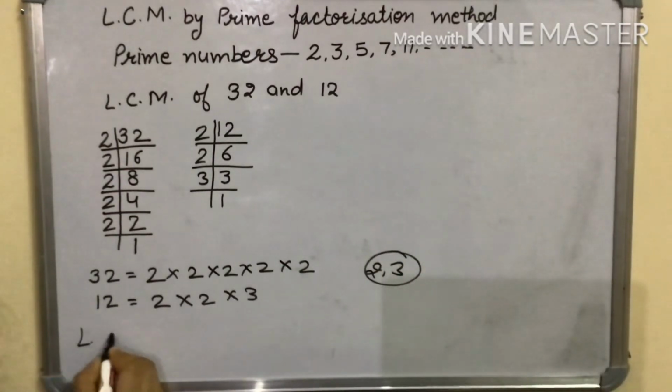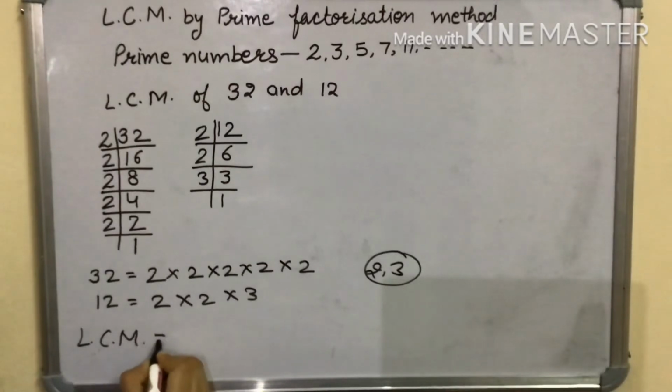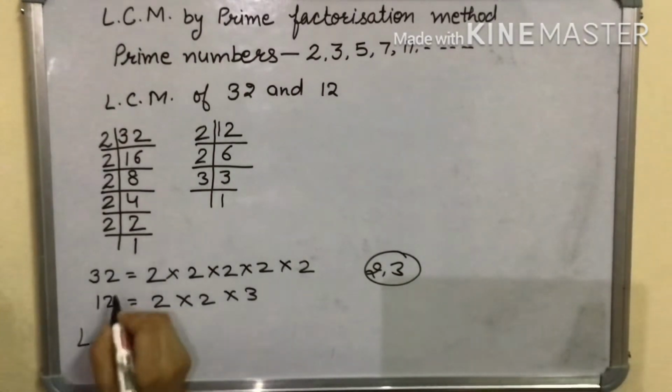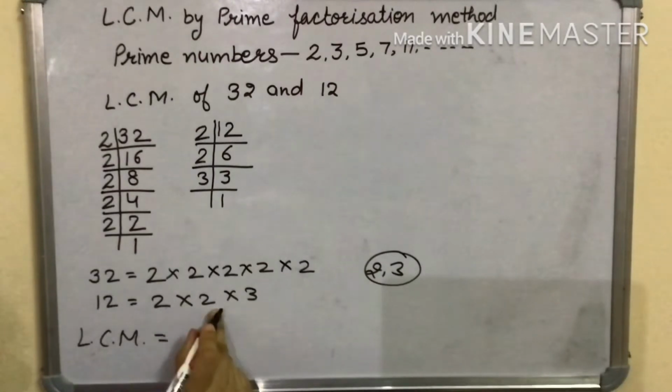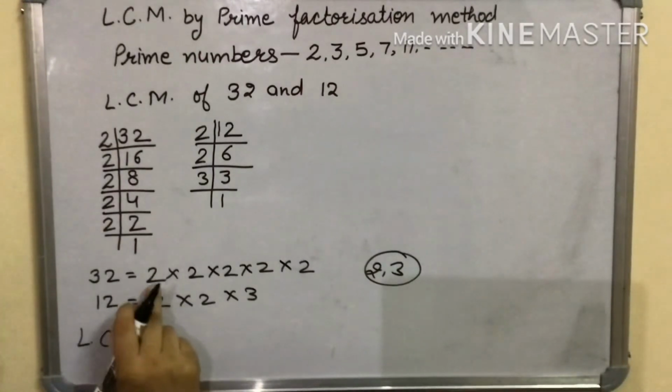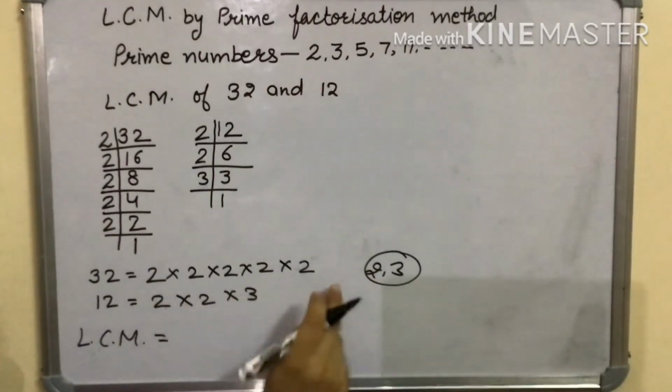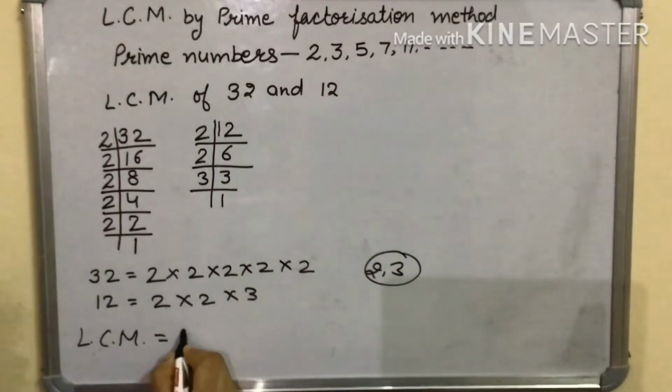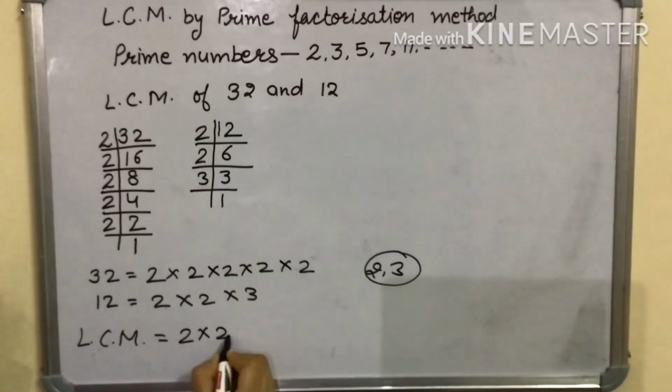So the LCM is the product of the prime factors appearing maximum number of times. Maximum number of times: here 2 we got 2 times, but here we got 2 five times. So we use 5 times 2.